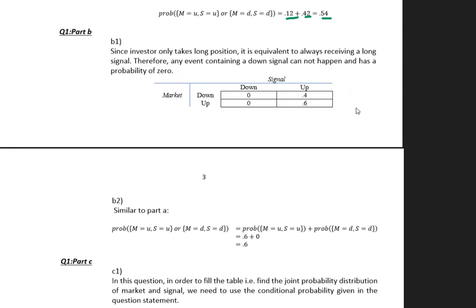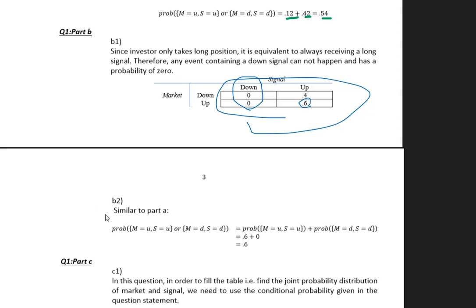So using the same method, we obtain this table. That is, the probability of the market being up and the signal is always up, so their joint probability will be 60%. And note that any event that contains the signal being down is 0.